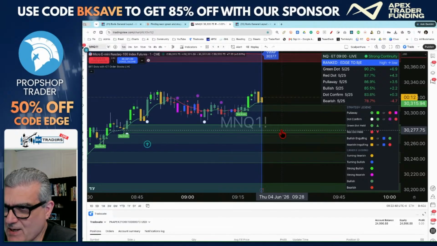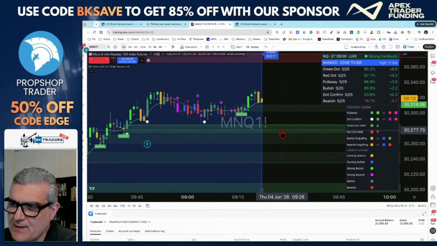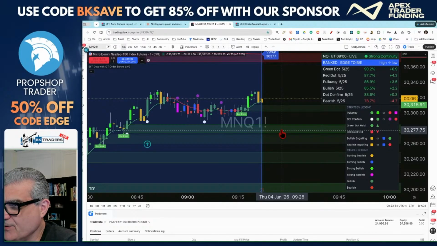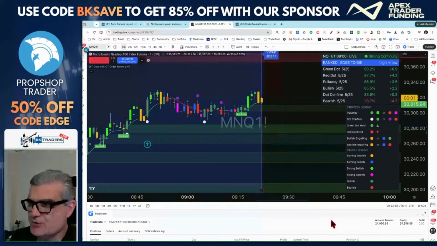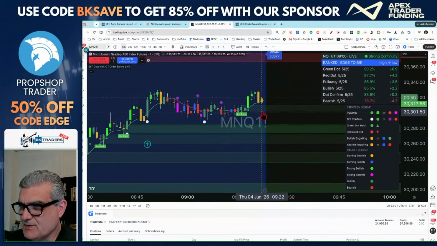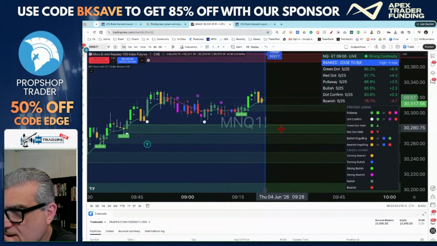You were just taking only the top trades in both hours, because this short got stopped. Obviously, this short candle short got stopped.